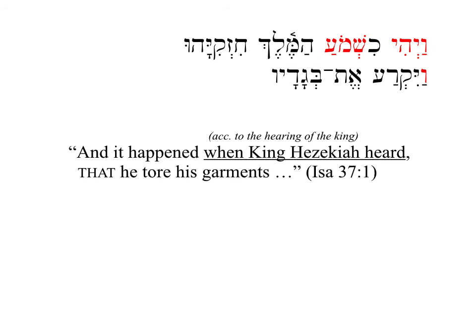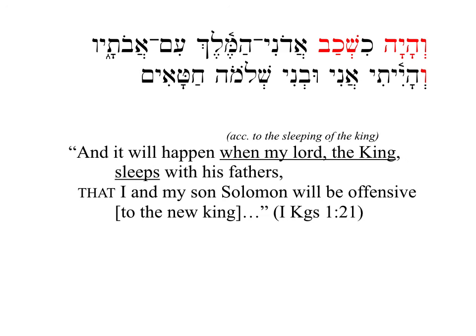Let's look at another example, this time in the future. Vehaya, and it will be. Remember, this is a frozen form. The vav consecutive perfect. And it will be according to the sleeping of my lord the king with his fathers. So we would say it will happen when my lord the king sleeps with his fathers.